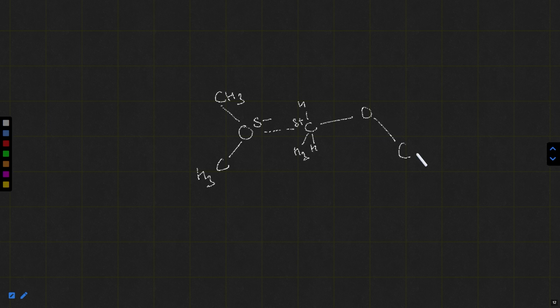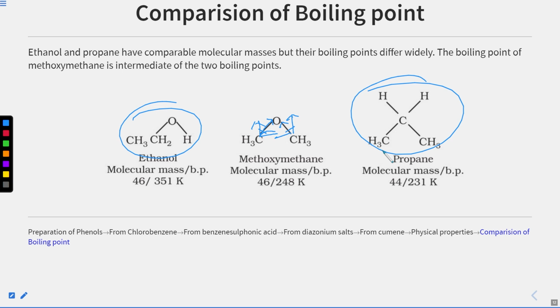Clear? So this kind of interaction is set up between two ethers. In addition to van der Waals forces, ether has a dipole-dipole interaction. Due to this reason, its boiling point is higher than that of a normal hydrocarbon.